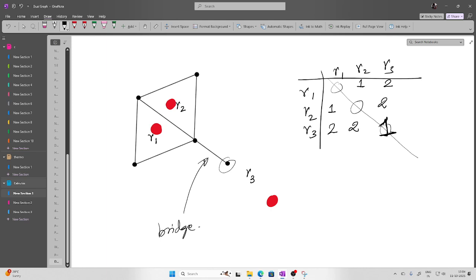Now let us draw it. R1, R2, you have one edge. Then comes R1, R3: the first edge is this, the second edge is this.